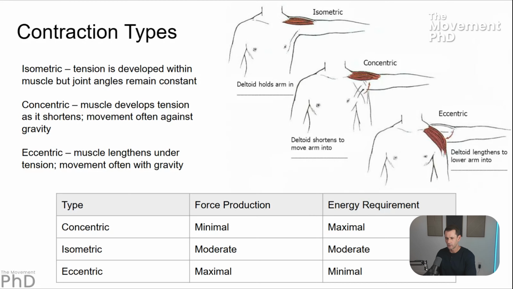If you can bench 200 pounds, you can probably do a negative with 240 pounds for a couple of reps. That's because your force production for that eccentric, or that negative, is the greatest and the energy requirement is the least. So keep that in mind and use it in your training. That's really the whole idea behind using negatives to increase your strength.